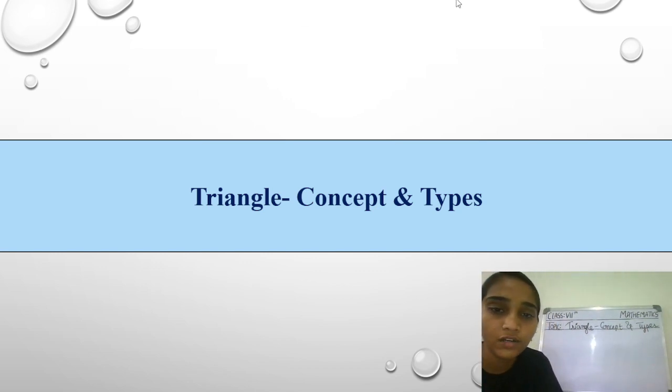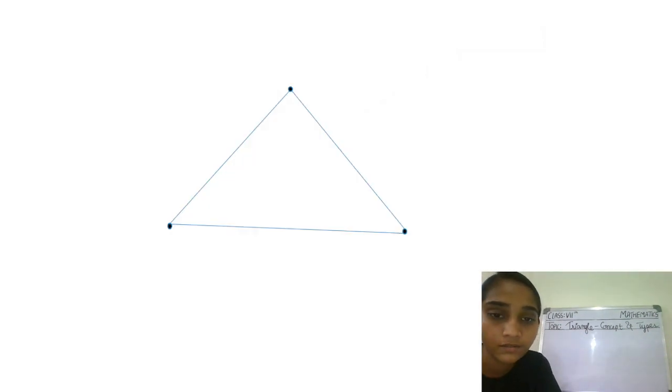Very good, students. Now if I ask you how you can define a triangle in your own words by seeing the one which we have drawn, you will say that a triangle is made up of three dots or three lines, right? By joining them, we get a figure which is called a triangle.